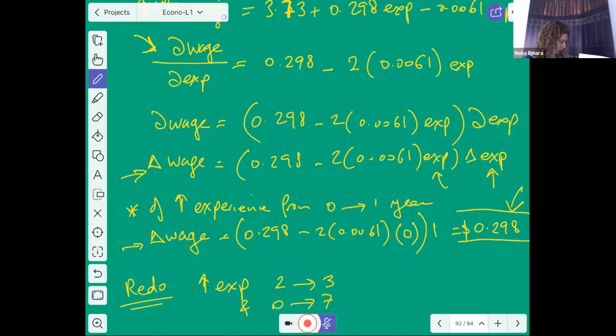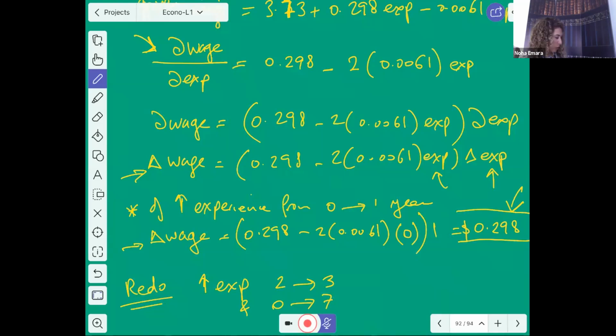Any questions? In your textbook, you have nice examples in which you have income and income squared. I want you to check that because it's related to what I'm discussing, but what you have in your textbook is more about exact changes, not about the approximate.